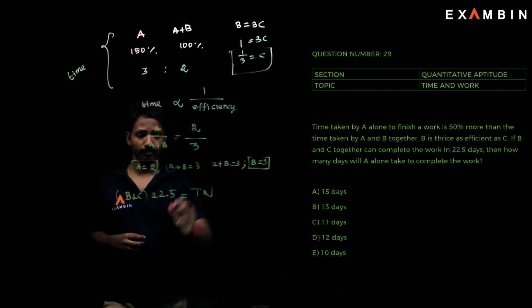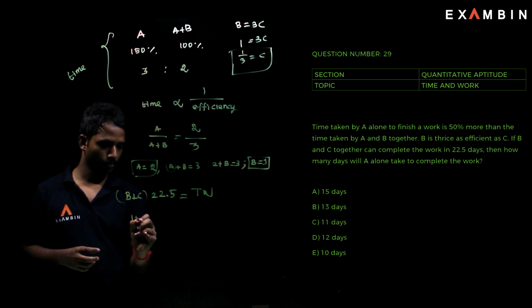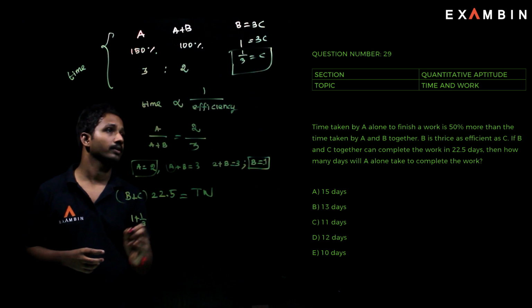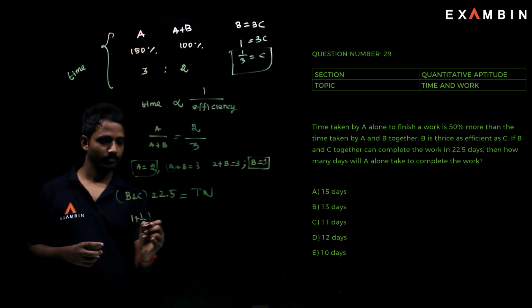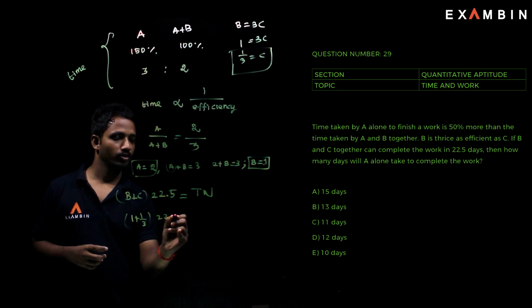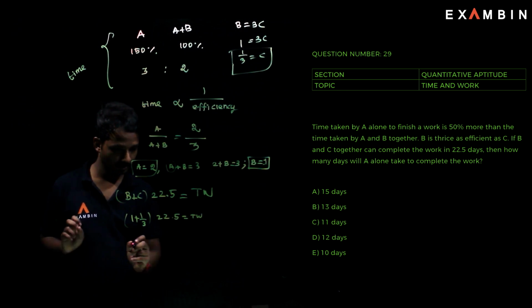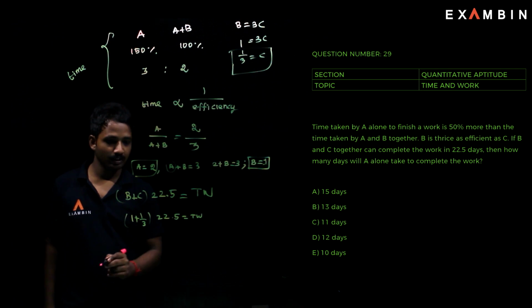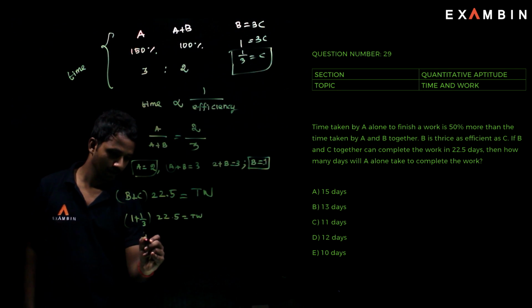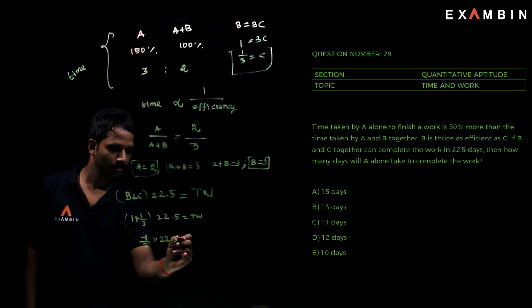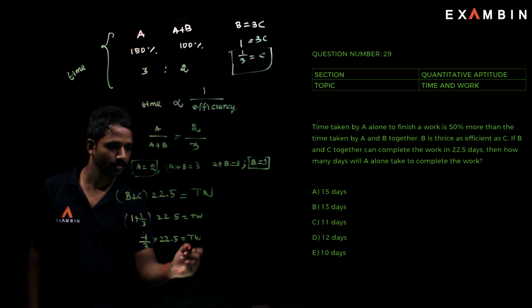B is 1, C is 1 by 3. 1 plus 1 by 3, into 22.5 is equal to total work. 1 plus 1 by 3 is 4 by 3, into 22.5 is equal to total work.